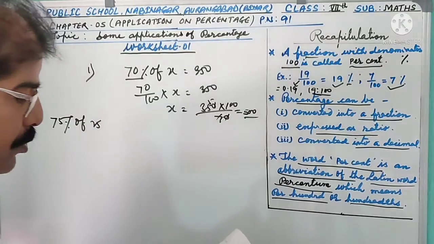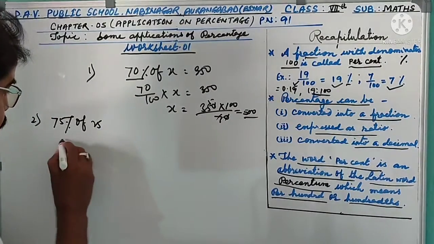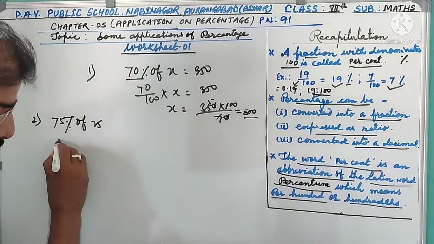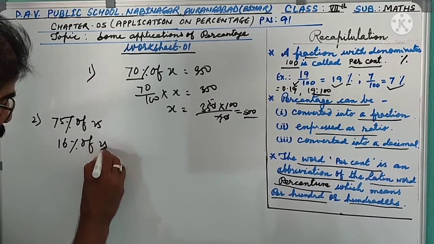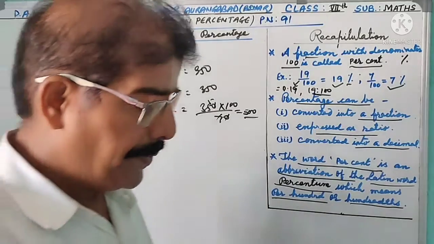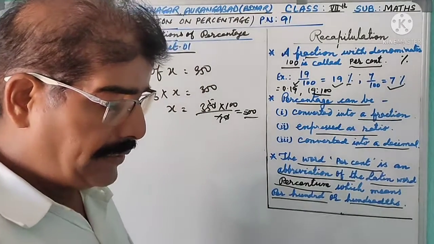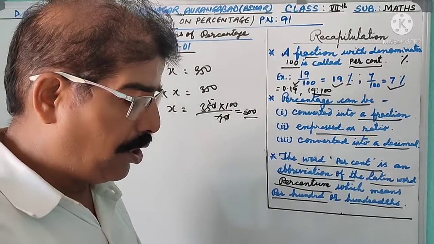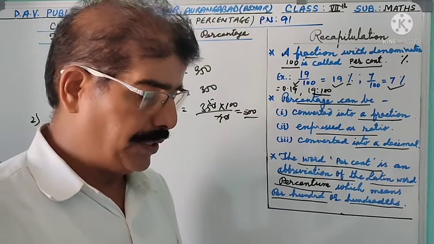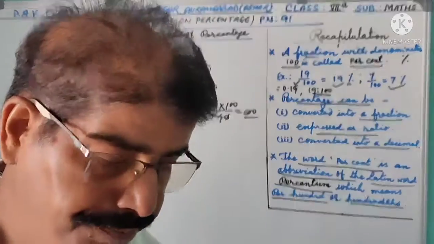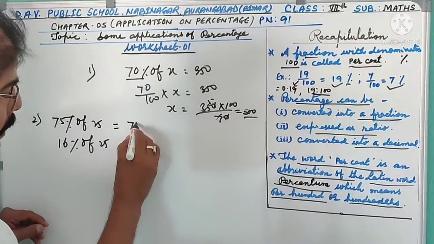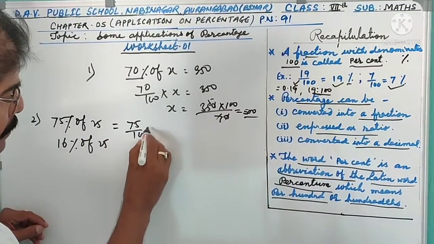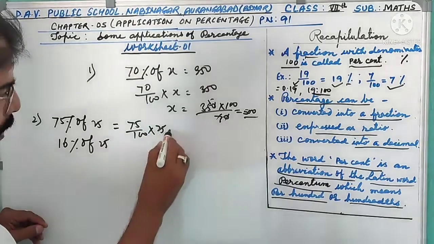So the number of persons who read Hindi newspaper is 16% of 25. Find the number of persons who read neither newspaper. So first you find 72% of 25.